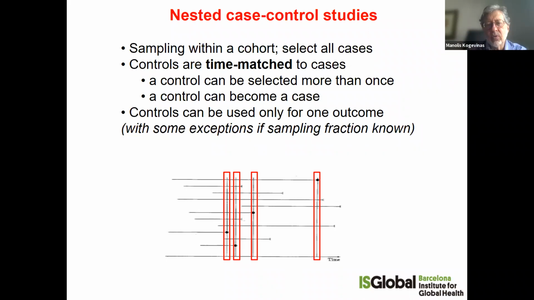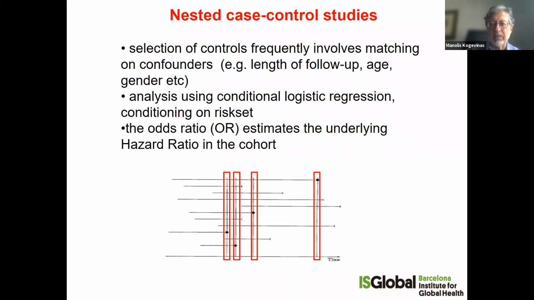And so these controls, with some exception, but this is the rule, are used only for one outcome, which, if you think of it, if you're doing something pretty complex in terms of a biomarker, is not the most efficient thing you can do. But we'll come back to that. And when we select the controls, we can match for confounders, say length of follow-up, age, sex, etc. We use conditional logistic regression, and we condition on the risk set.